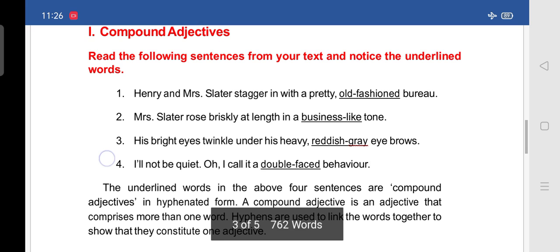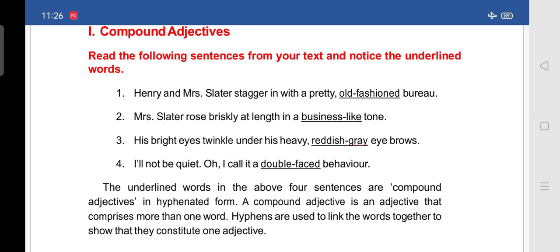Read the following sentences from your text and notice the underlined words. Here they have given some sentences for us. First one, Henry and Mrs. Slater staggered in with a pretty old-fashioned bureau. Here, old-fashioned is a word with a hyphen.